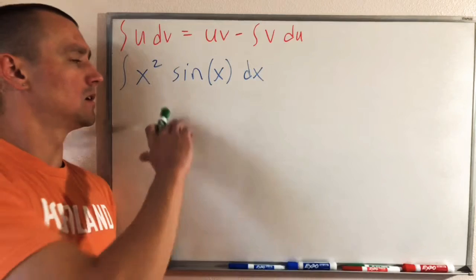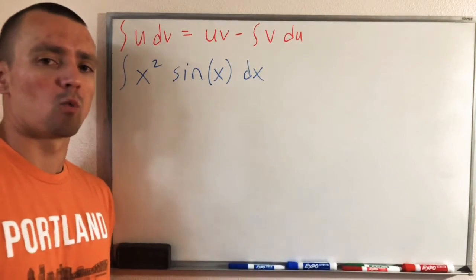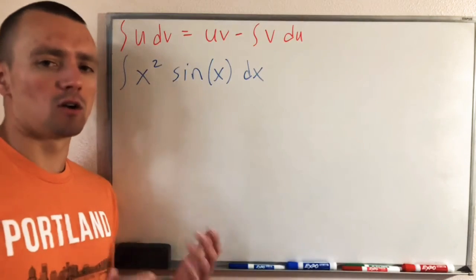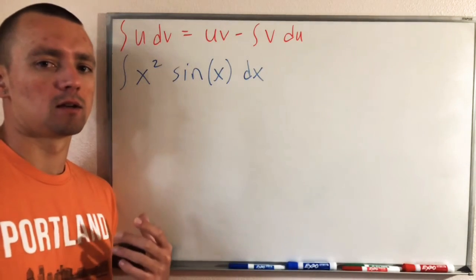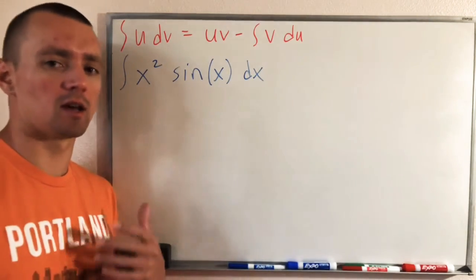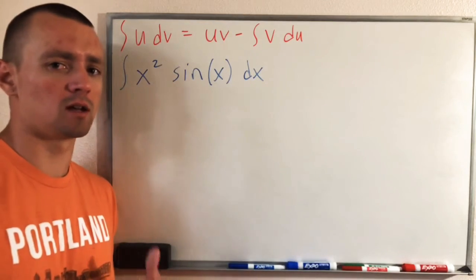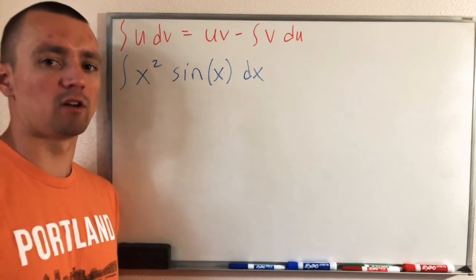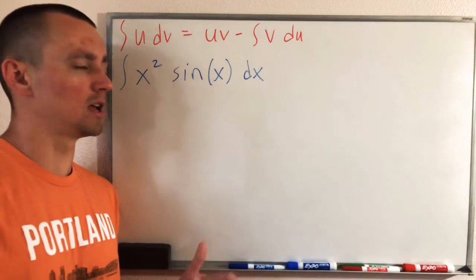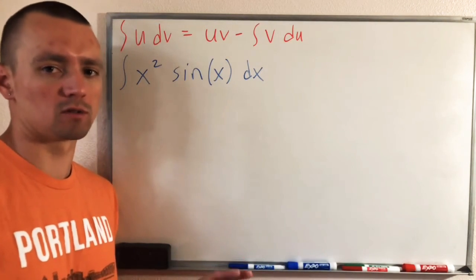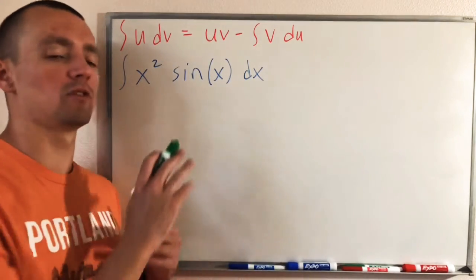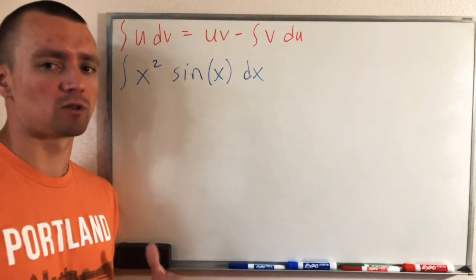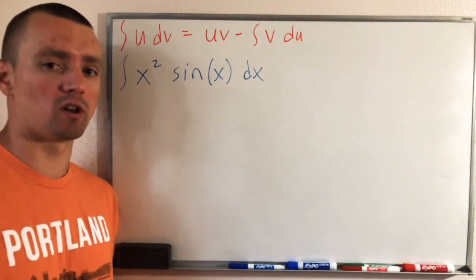Looking at this, the sine x part, whether we integrate or differentiate that, it's just going to alternate between sine, cosine, negative cosine. No matter how many times you take the derivative or the antiderivative of sine or cosine, it's just going to go back and forth between those. So whether we take the derivative or the antiderivative isn't going to make a difference for the sine piece. So it doesn't really matter whether we call that u or dv.